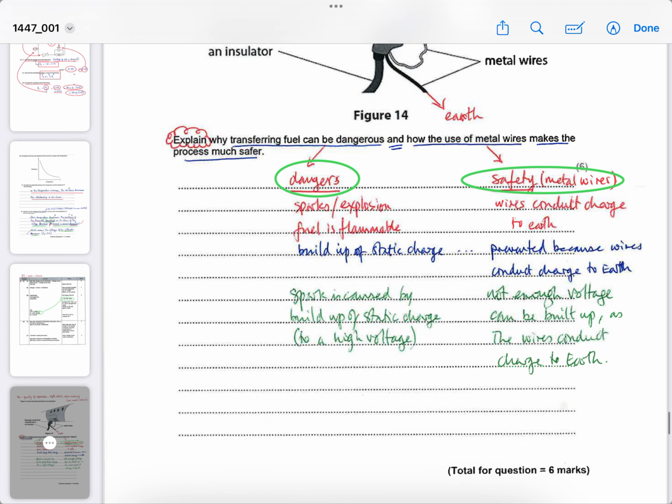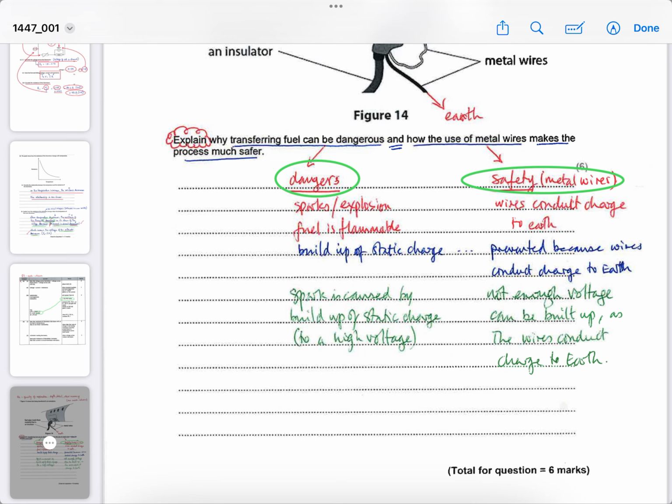If you just put the bits in red, you probably get 2 marks. Yeah, so you need to mention sparks, dangers of explosion because fuel is flammable, and wires can conduct electricity or charge to earth. Okay, so the red bit will get you up 2 marks.